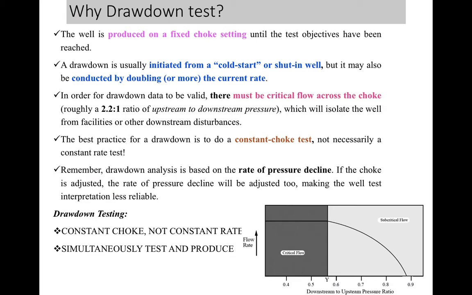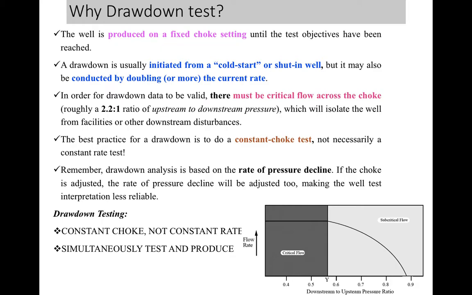Before going into much detail of drawdown testing, we must understand a few things about drawdown. Number one, the well is produced on a fixed choke setting, right? The choke needs to be fixed at a condition where the pressure of the upstream to that of the downstream is around 2 to 1.